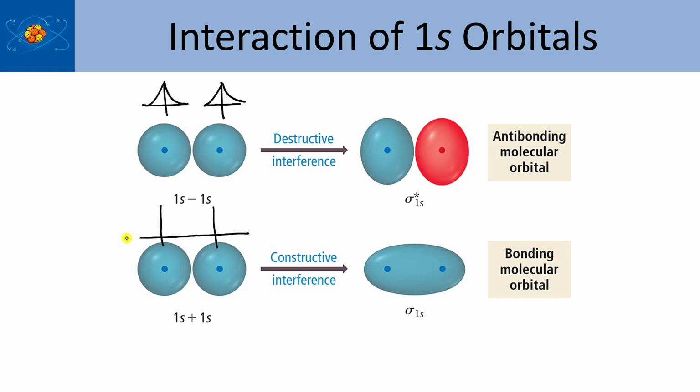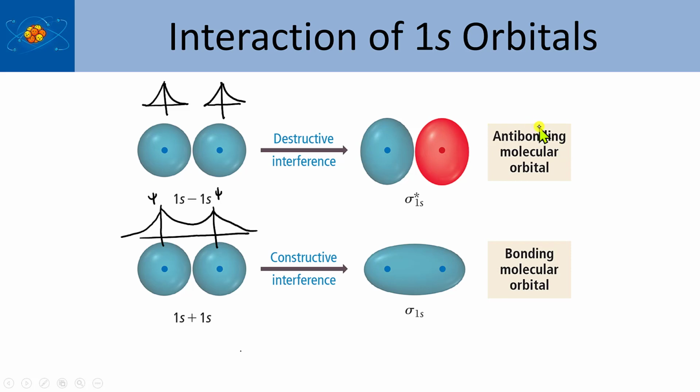so there's my axis, these are my wave functions up here. What'll happen is you'll get a region that looks like this. And this new wave function describes the situation where the electron's orbital now extends over the entire molecule. So this is known as a bonding molecular orbital, and the other one is known as an anti-bonding molecular orbital.